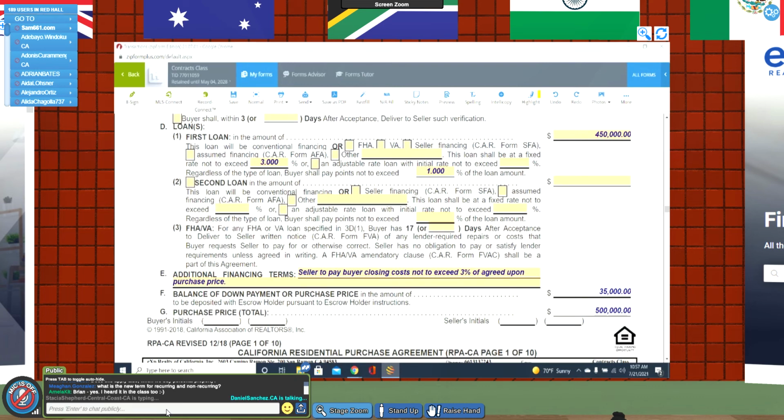Okay, thank you. So Debbie, is it that the lender determines closing cost period, so it doesn't matter if it's recurring or non-recurring? Well, recurring costs or non-recurring costs are like your escrow fees, your title fees. Those would be non-recurring. Those are going to be paid once.